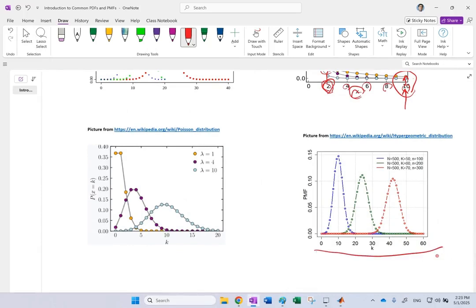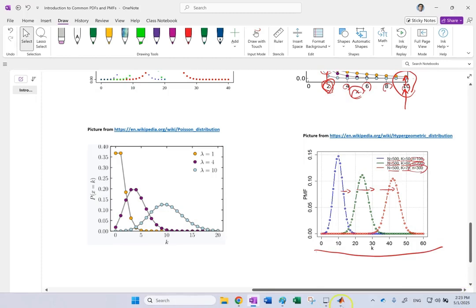Basically this is the N of 500, K of 50, and then N of 500, K of 60, N of 500, K of 70. And you see that the bigger the K, the further you shift to the right. And actually you do need n as your third parameter. So it actually has 3 parameters here.